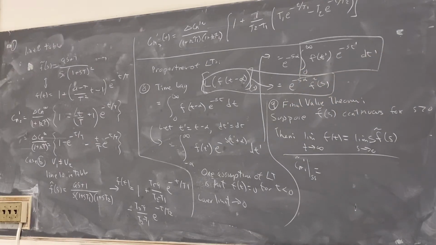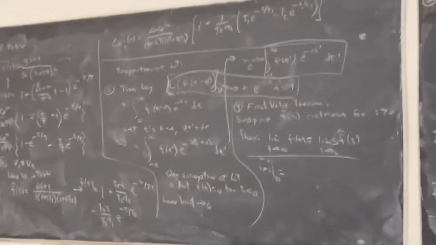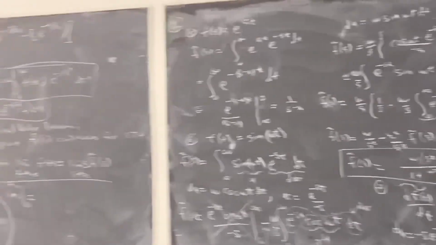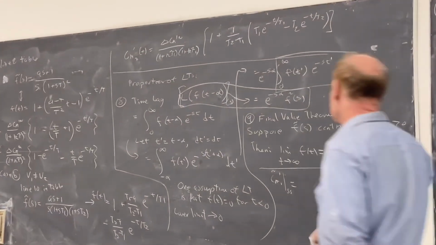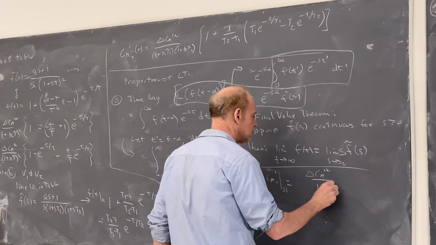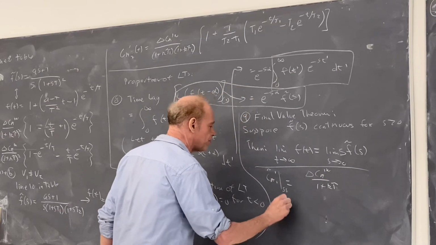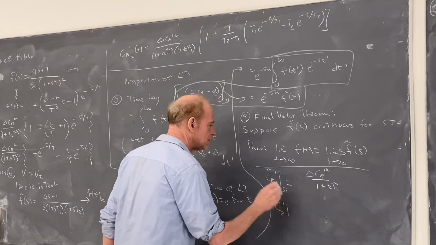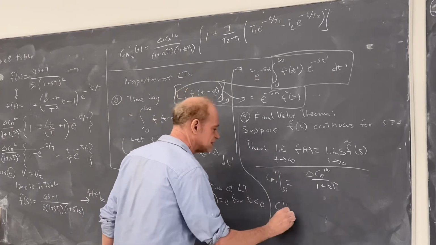So I multiply by s, the s's cancel. I set s equal to 0, I just get delta C again over 1 plus k tau. How about CA2 prime tilde? Actually, CA1 prime steady state.